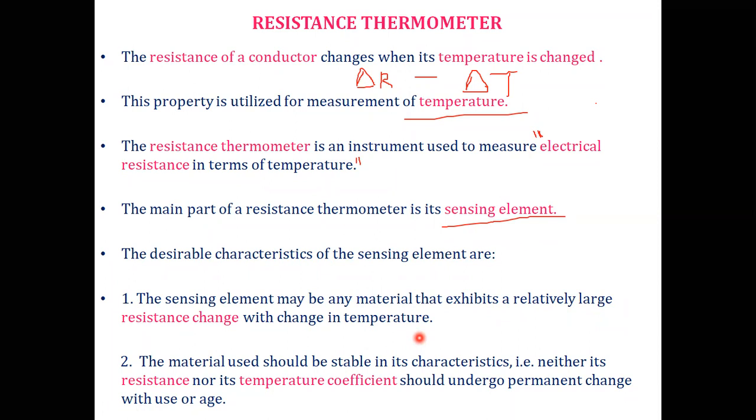That resistance change will give the variation in temperature. The material used should be stable in its characteristics. Whatever the manufacturing material is, it should be stable. Neither its resistance nor its temperature coefficient should undergo a permanent change with use or age. It should not possess any sort of aging effect also.